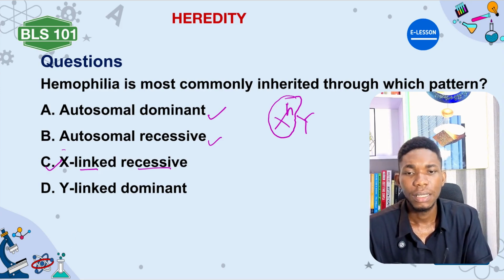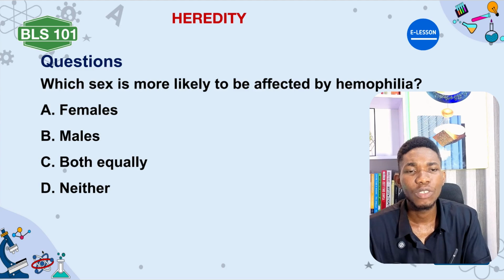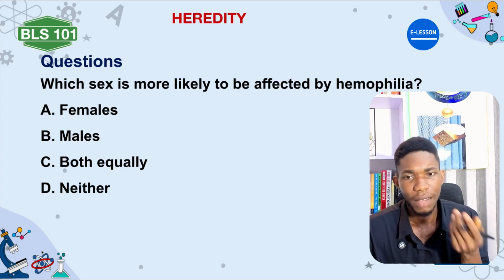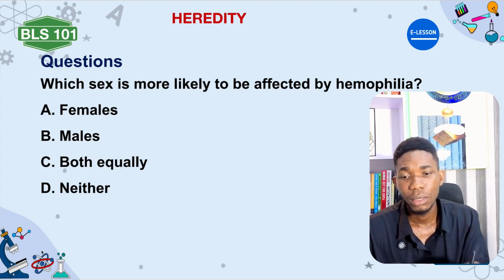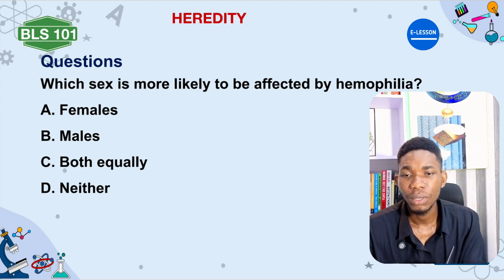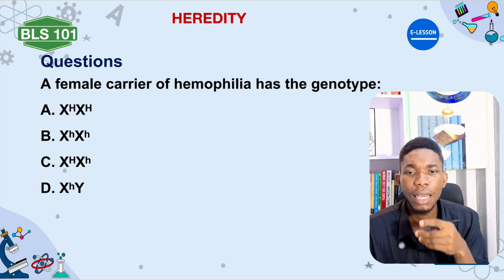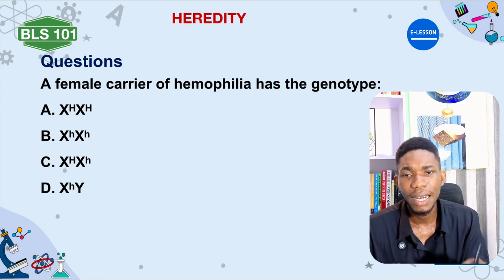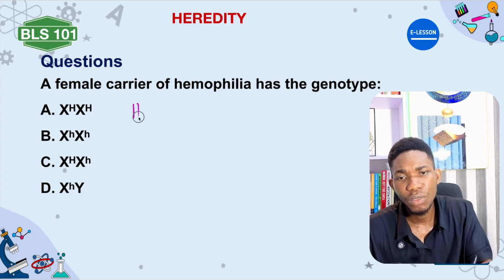All right? Now, which sex is most likely to be affected by hemophilia, men or women? I've said it in this class. I have the urge to answer the questions, but a female carrier of hemophilia has the genotype. I've taught you about carriers. H means normal. This person is normal. This one is hemophilic.